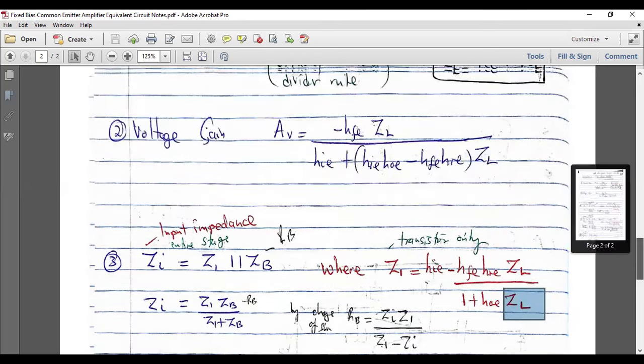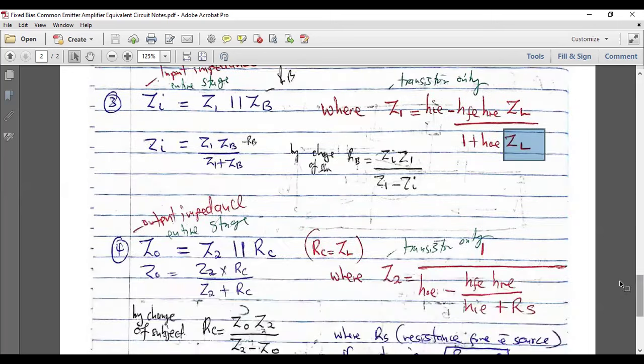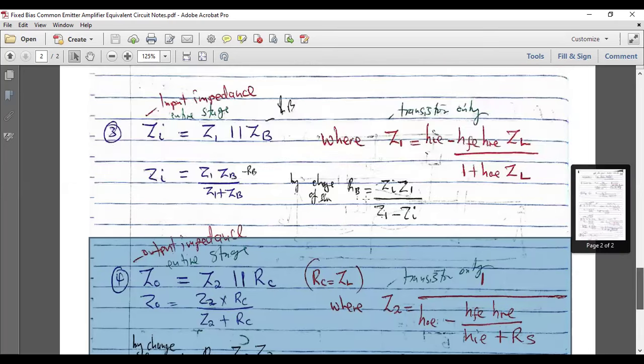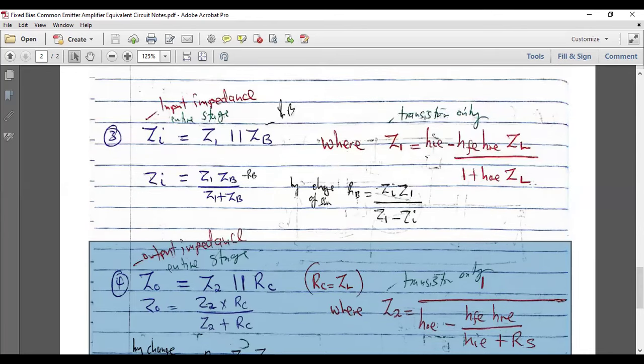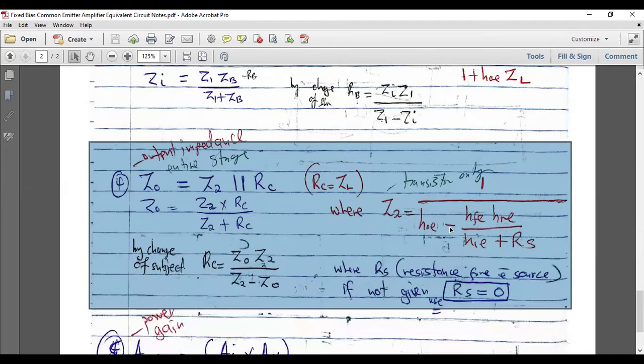Let's go back here: ZL is supposed to be equal to RC. So it was not going to be easier for you to work with the input first. It was going to be easier to work from the output, because from the output you do not have any relationship of RB considered to RC. From the input, the part where we talk about ZL depends on RC, because RC is equal to ZL. So it was best for you to start with what?